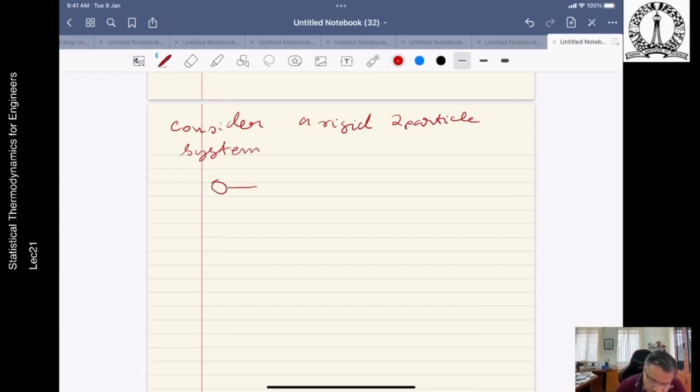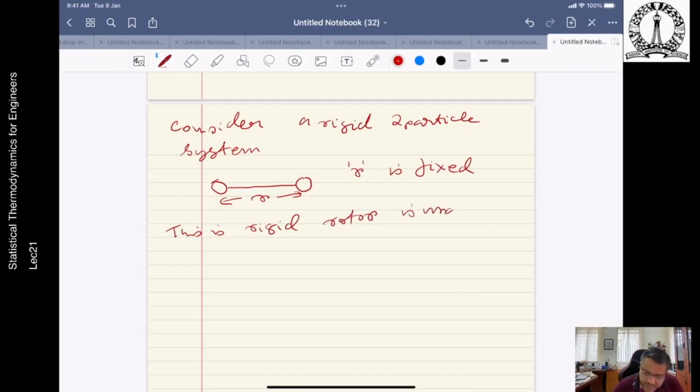Assuming that this is the two-particle system, this is R, and we are assuming that this R is fixed. So this is a rigid rotor, therefore undergoing rotation at omega.